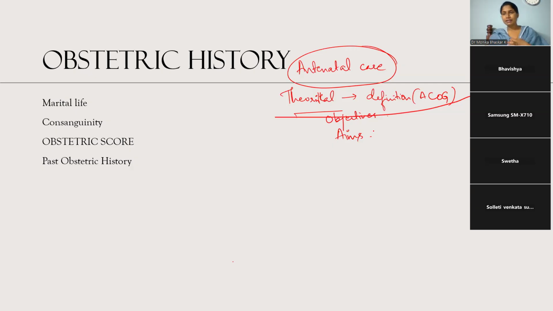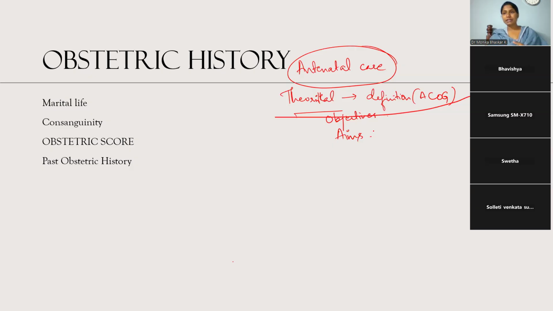And the third important thing is to ensure whether she has any other pre-pregnancy complications. So if she's already a case of diabetes mellitus or chronic hypertension, or she has obesity, identify any pre-pregnancy complications and manage pregnancy in them. So that is the third objective.